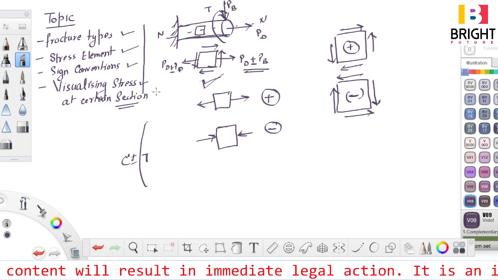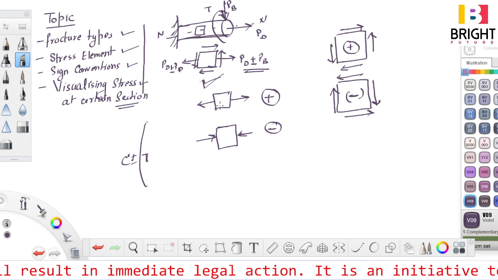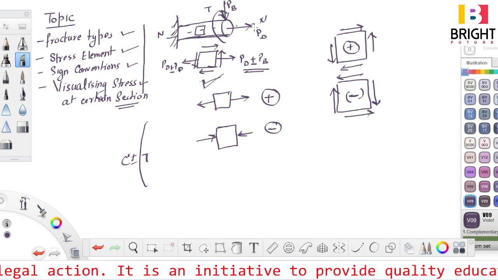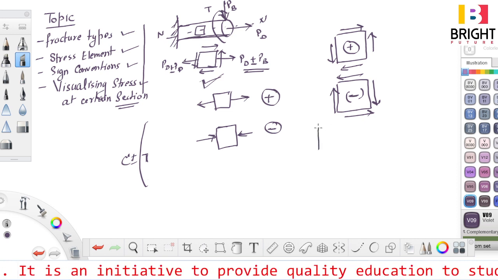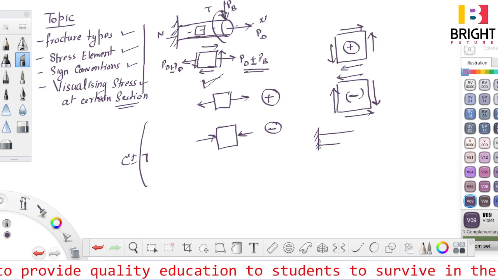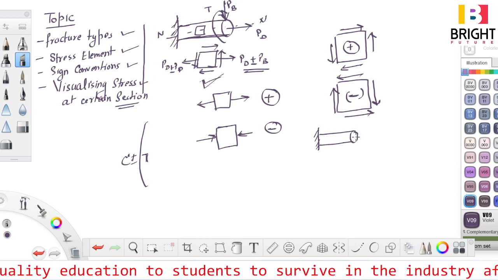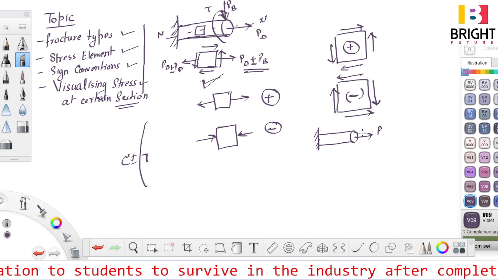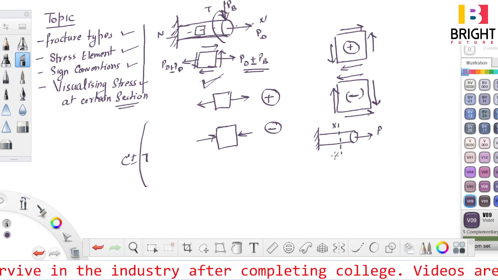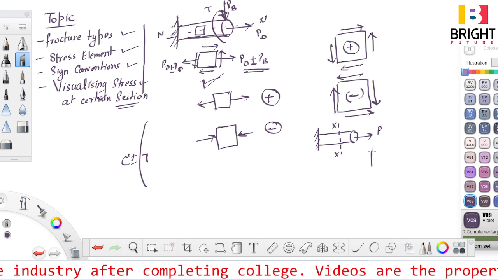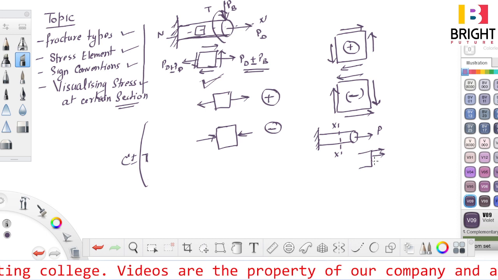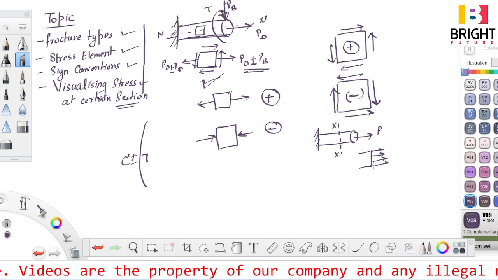Now, visualizing a stress. If I want to visualize this, I will cut a section over there, right? Let me show a simple visualization. This is my element, stress element, and I applied a load P over there. I take a section over the element which is XX, and if I cut it, then you will see that I am assuming that these are the stresses.